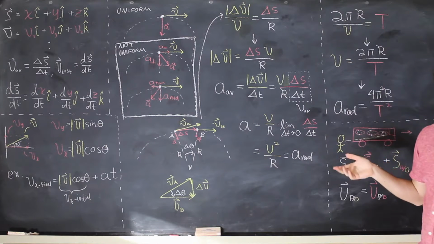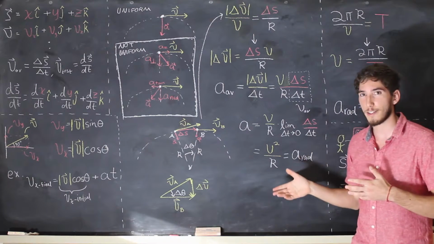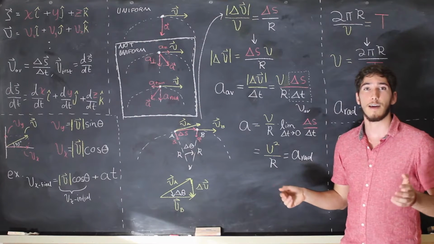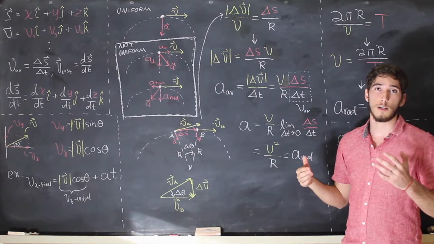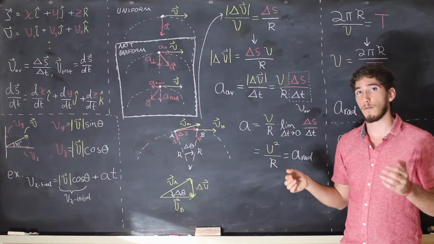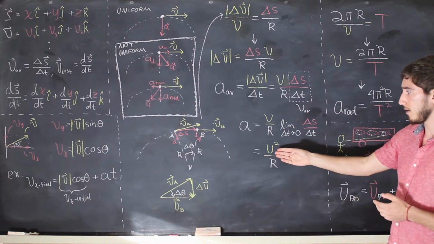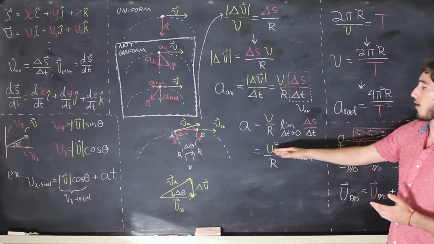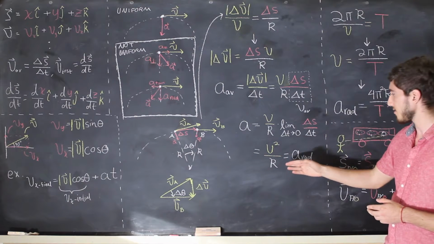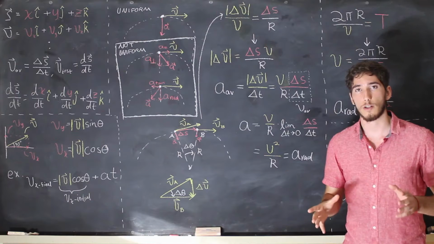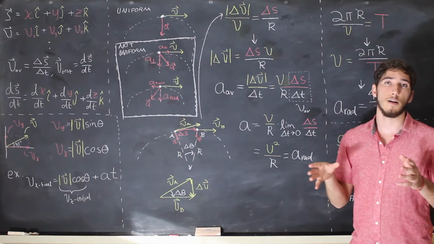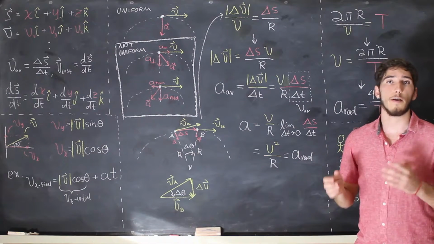In my opinion, if you've already solved for the velocity at a given point when you're doing a problem that involves non-uniform circular motion, then just use this formula, because then you only have to deal with the velocity and the radius.